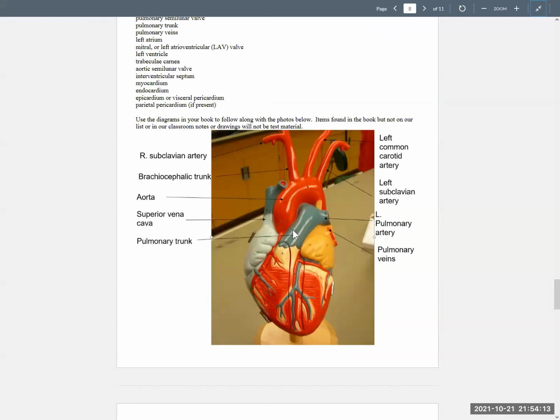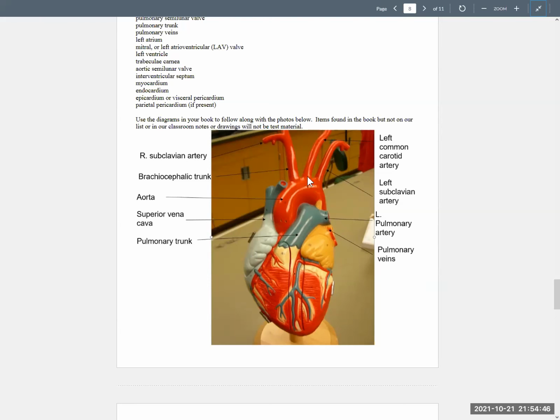Okay, here's the aorta. Sometimes it's called the aortic arch going across. Here are the three vessels coming off of the top of the aorta that go to the arm and to the head. The first is the brachiocephalic. The second is the common carotid. And the next one is the left subclavian. Subclavian: under the arm, under the collarbone, under the clavicle.